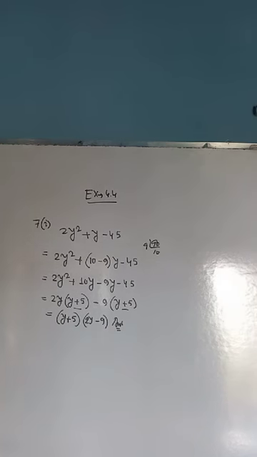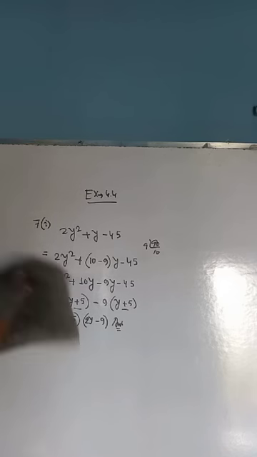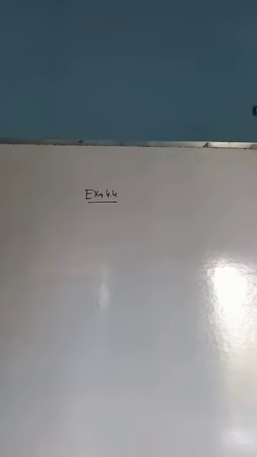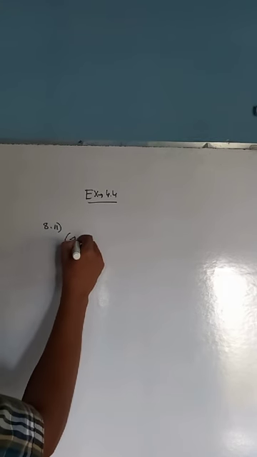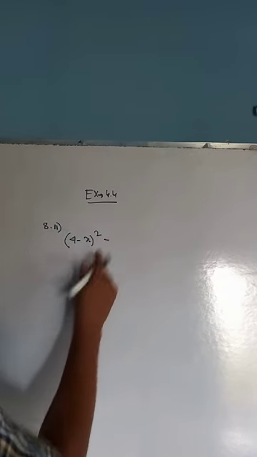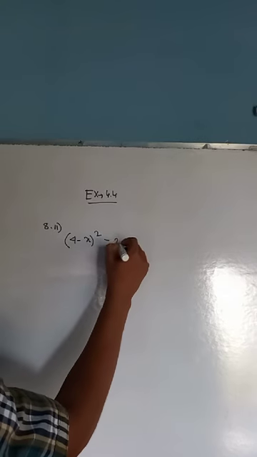Okay. Last one I will discuss, that is 8.2: 4 minus x whole square minus 2x.